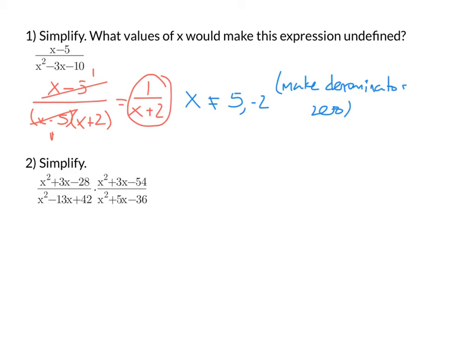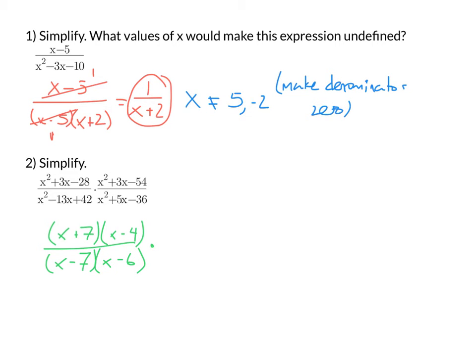So our first numerator, the x squared plus 3x minus 28, will factor into x plus 7 times x minus 4. The denominator will factor into x minus 7 times x minus 6.